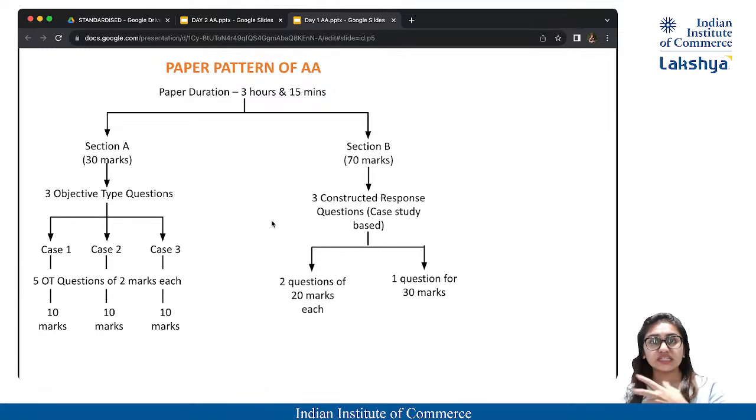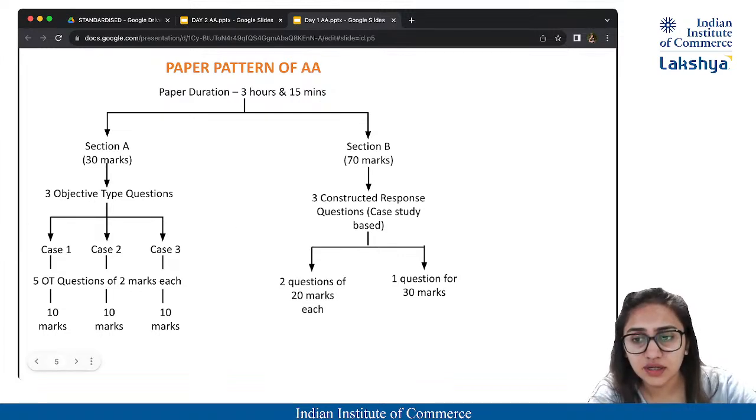When you solve a lot of past papers, you get an idea of what the questions can be. For that reason, we're going to solve 2 mock papers at the end of this entire recap, so that we will have an idea of how to do the questions and how to go about them thoroughly. So this is the entire paper pattern that we have.